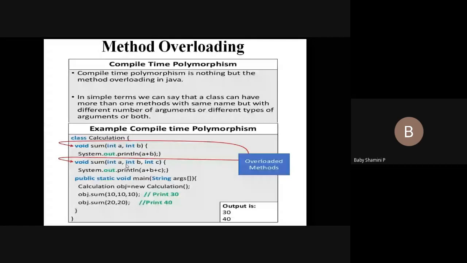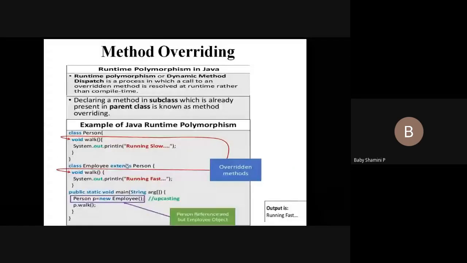Next one is method overriding. This is runtime polymorphism. Suppose the subclass overrides the parent class method. In this case it is called method overriding.